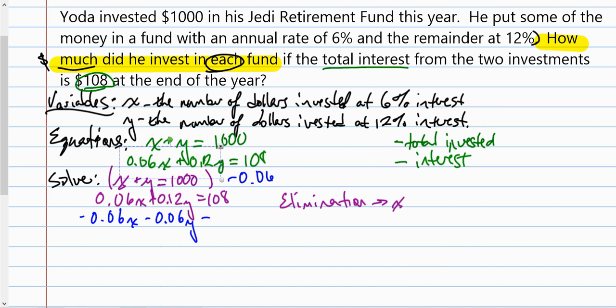0.06y is going to equal, now this is going to be a little bit of a trick. You could do it in your calculator. I'm going to do it by hand. I know it's going to be negative, and I move my decimal twice. Should just give me 60. And we'll find out if I'm right here in a moment.